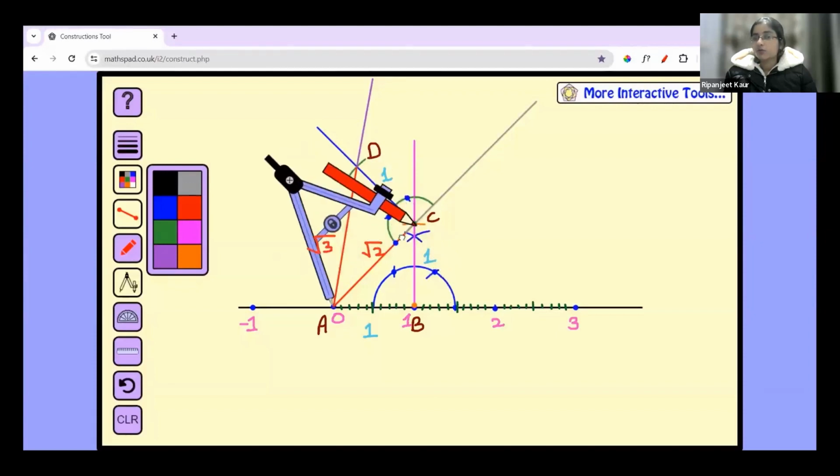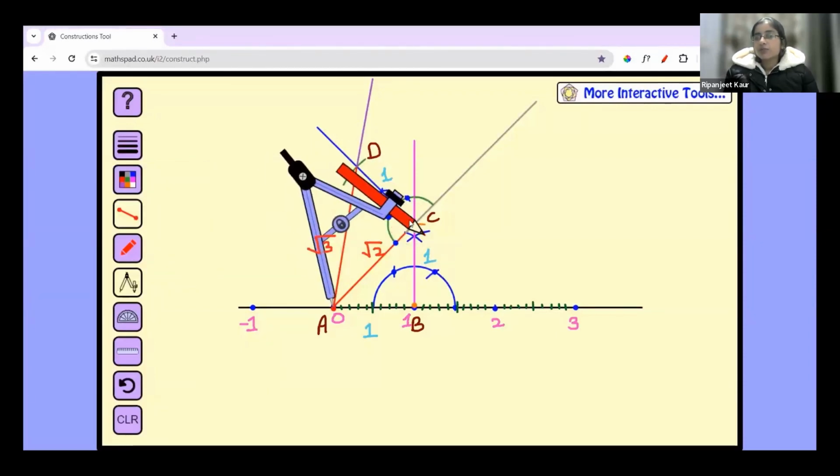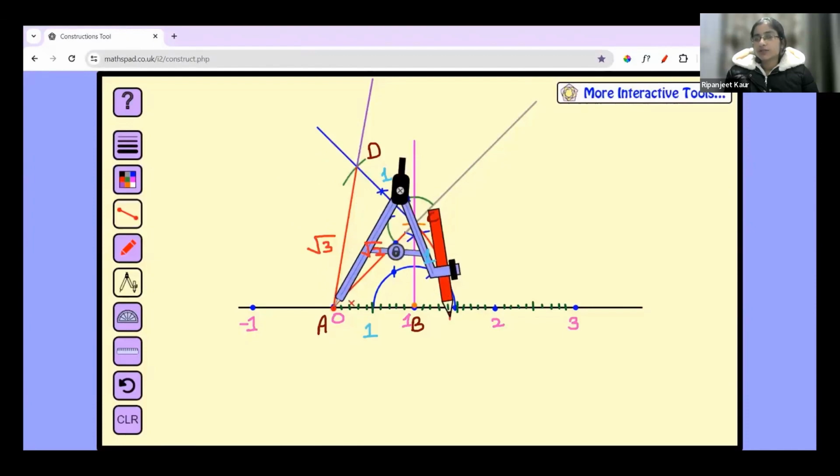Here we will get root 2. So we make an arc from here towards our number line of root 2. Here we got this. So this red line where it is cutting is the length from 0 to this red mark. It is nothing but root 2. So we know 0 to this red point is nothing but root 2, right?